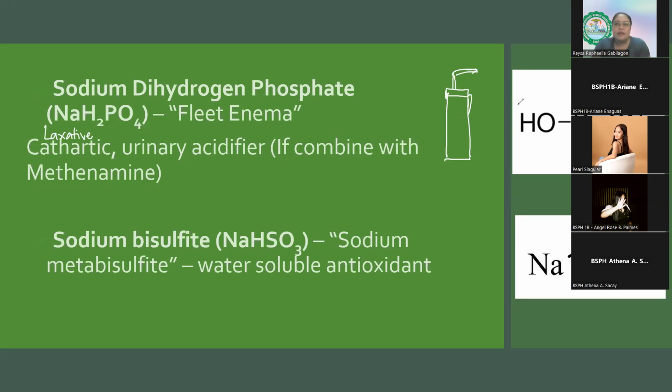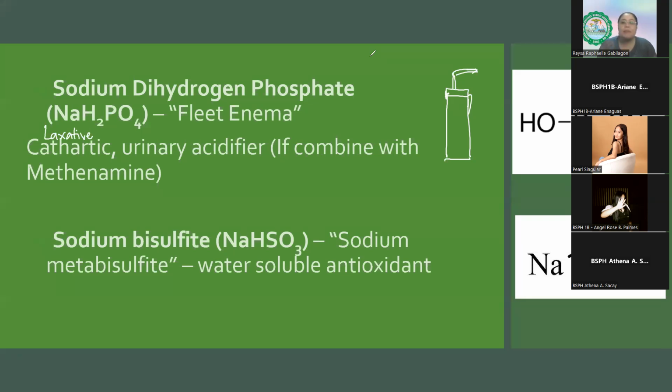And then at the same time, aside from being a laxative, this is also used as a urinary acidifier. So, kabaliktaran ito kanina ng sodium acetate and sodium bicarbonate na mga alkaline sila, mga basic substances sila, and they may be used to alkalinize the urine. This time, si sodium dihydrogen phosphate is an acidic substance.